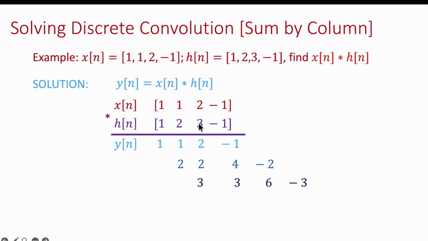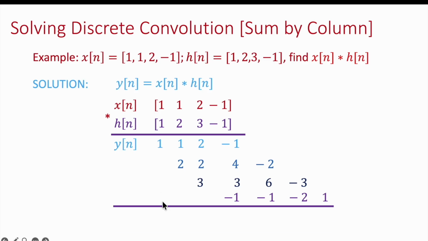Then 3 multiplied by 1 is 3, 3 by 1 is 3, 3 by 2 is 6, 3 by minus 1 is minus 3. Then minus 1 by 1 is minus 1, minus 1 by 1 is minus 1, minus 1 by 2 is minus 2, minus 1 by minus 1 is plus 1.